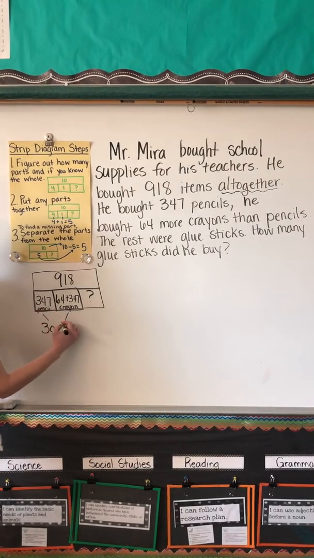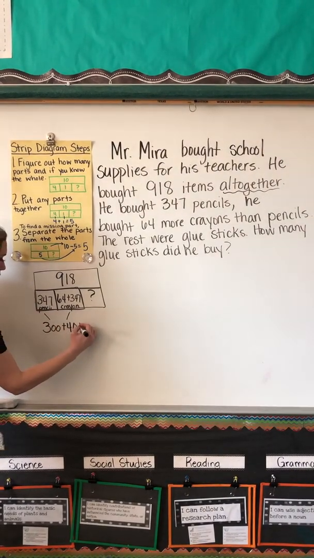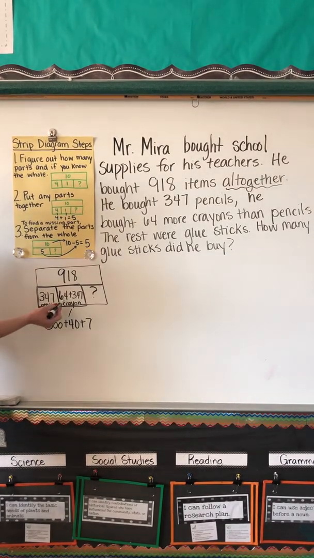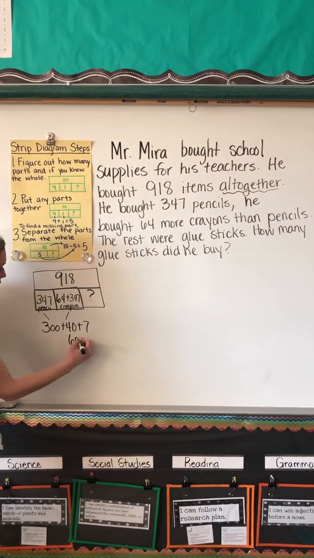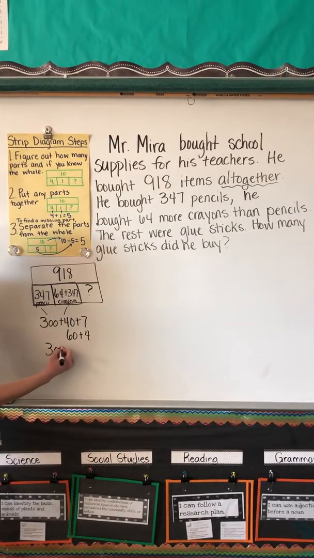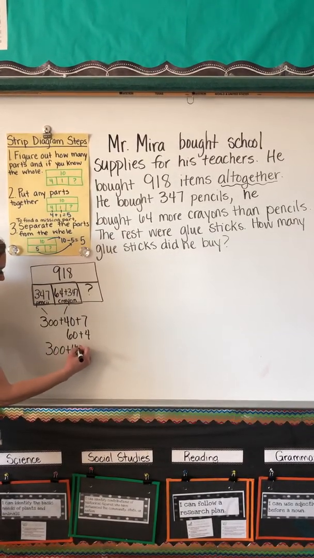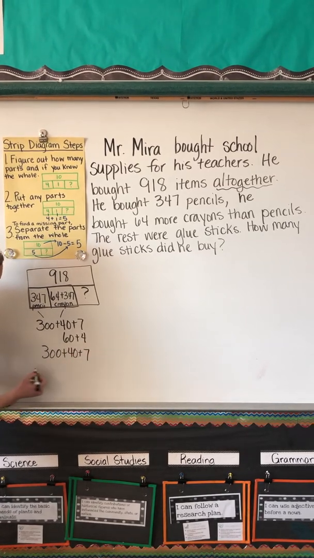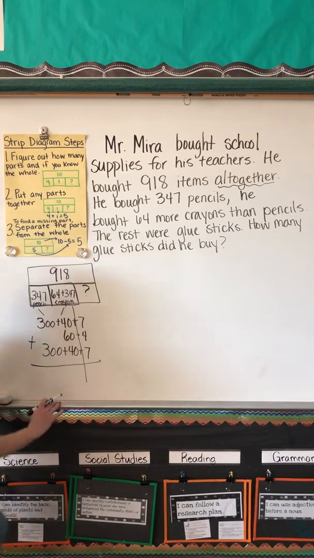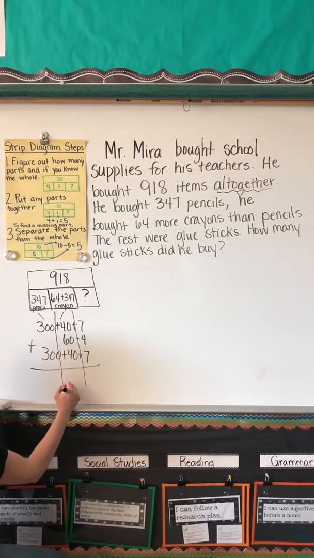So I'm going to do 347 in expanded form, just like we've done the past few weeks, plus 64 plus 347 again, because we needed that to figure out how many crayons there were. Okay? Oops.